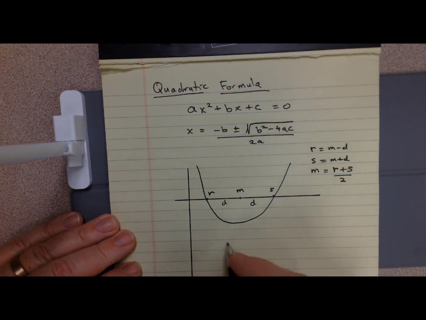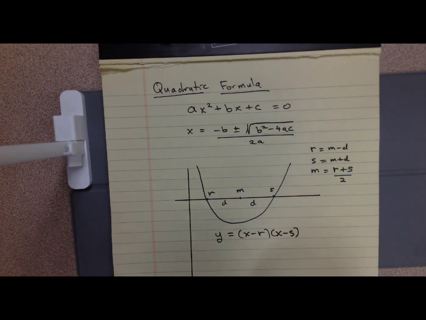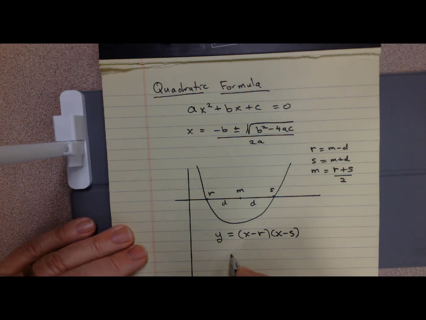Now, what else do I know? Well, in terms of the equation, I can recover the formula for this parabola by saying that y is equal to (x minus r)(x minus s). I can put it into a different form by multiplying these out. This would be x squared minus (r plus s) times x plus r times s.